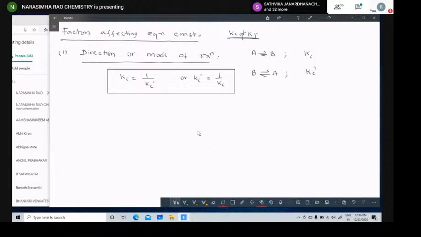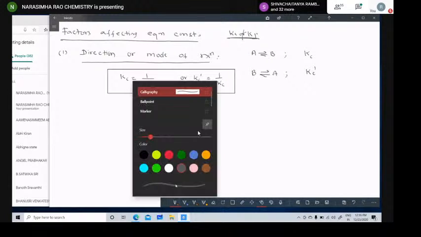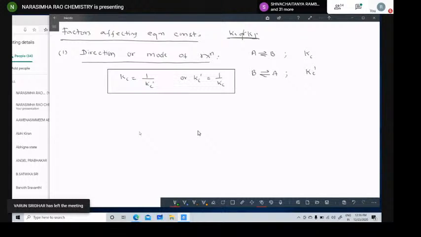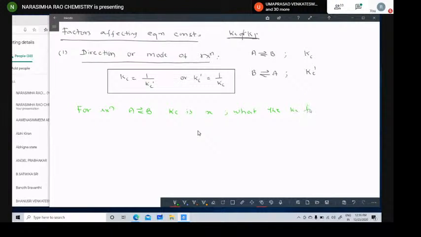Good, sir. Right. Now I am taking another example, a problem. For a reaction A is in equilibrium with B, Kc is X. What is the Kc for the reaction B gives A?